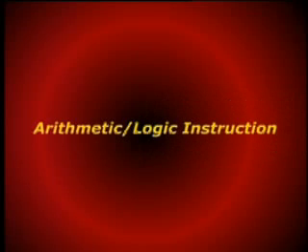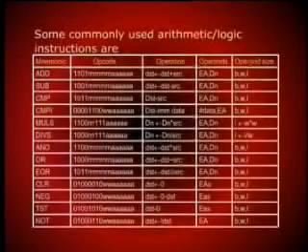The next table shows the group of commonly used arithmetic and logic instructions. Exactly in the same way, we have 5 columns with mnemonics, opcode, operation, operands, and the operand size. The instructions are add, subtract, compare, compare immediate, multiply signed, division signed, and, or, exclusive or, and so on.